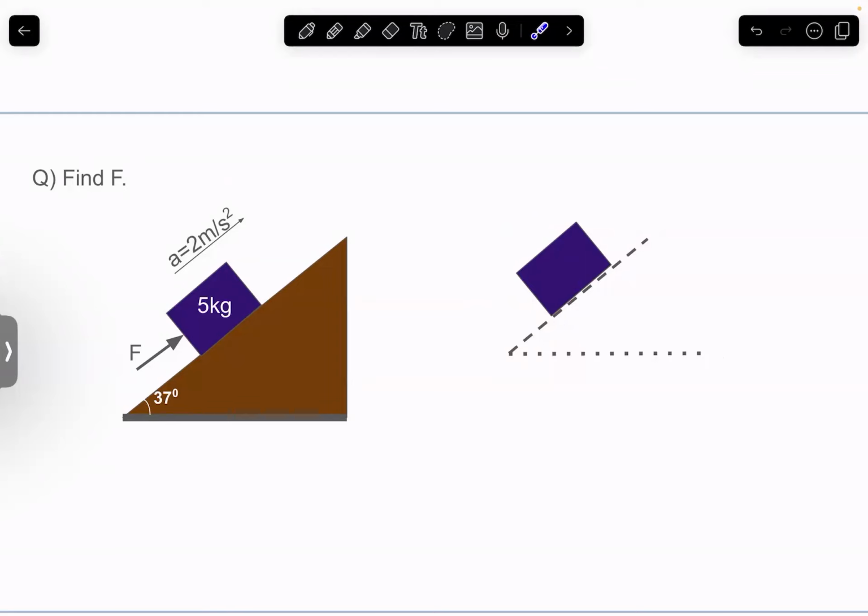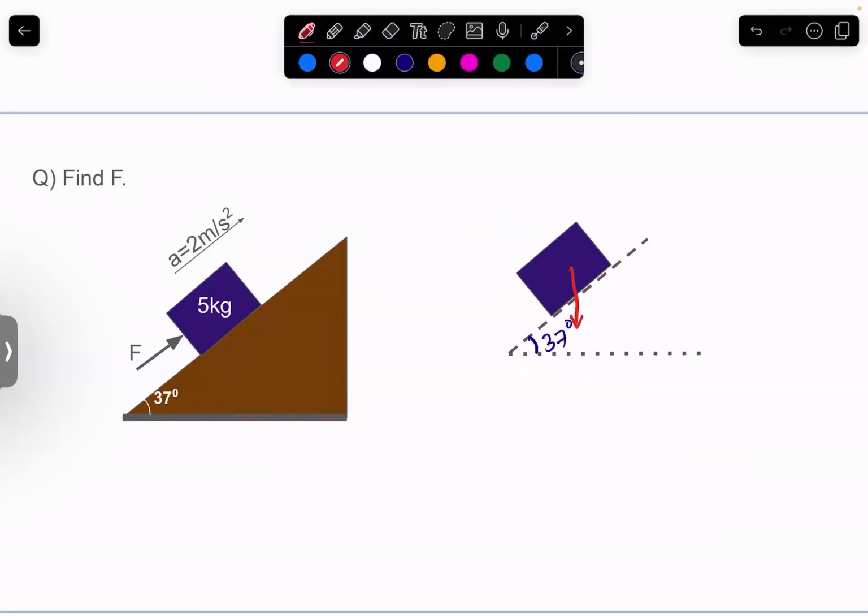This is the inclined plane here, and the angle is 37 degrees. Now we know that the weight of the body will act vertically downwards, which is 5 times g. If we take g as 10, that is 50 Newton.